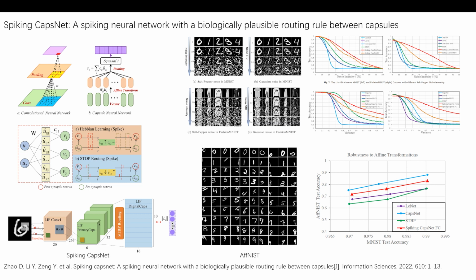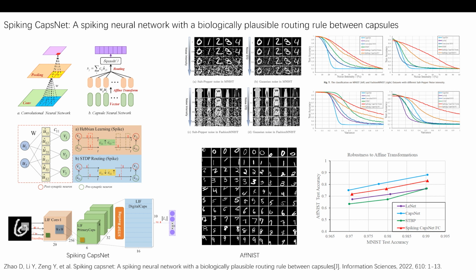Our Spiking CapsNet combines the advantages of SNN and CapsNet and shows strong robustness to noise and affine transformations. By adding different noise to the test dataset, experimental results show that our algorithm is more noise resistant than other methods. Similarly, our Spiking CapsNet shows strong generalization to affine transformations on the AffNIST dataset.